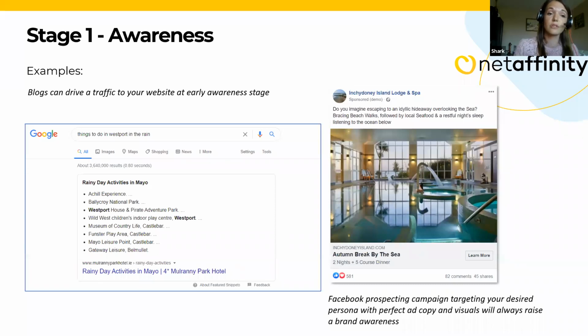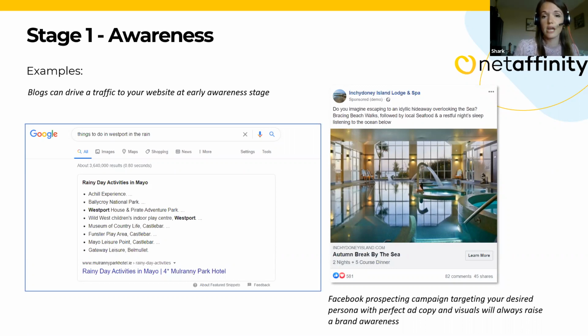For example, things to do in your location is a great topic for a blog. In terms of campaigns, we always recommend running prospecting campaigns in this awareness stage. Those prospecting campaigns are meant to increase brand awareness and reach a new audience.